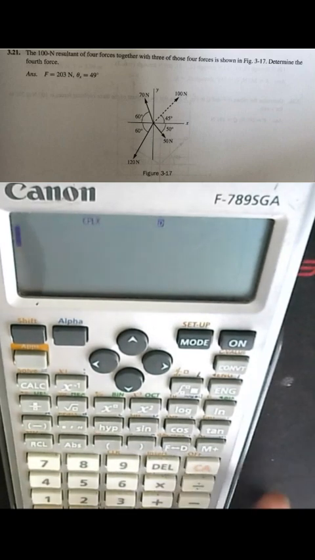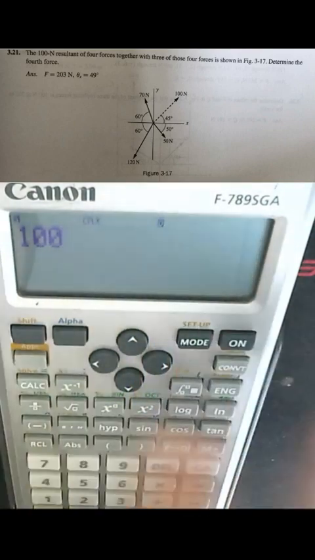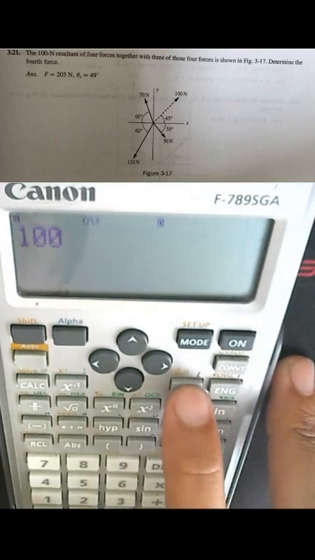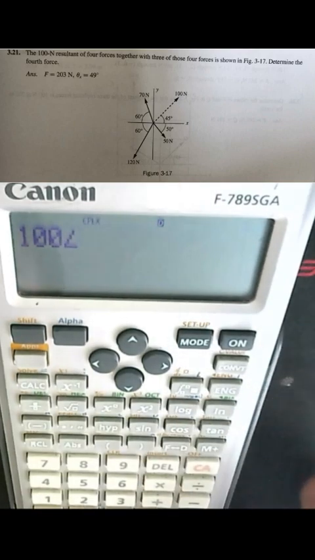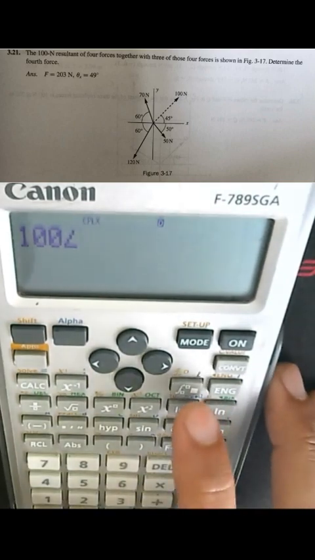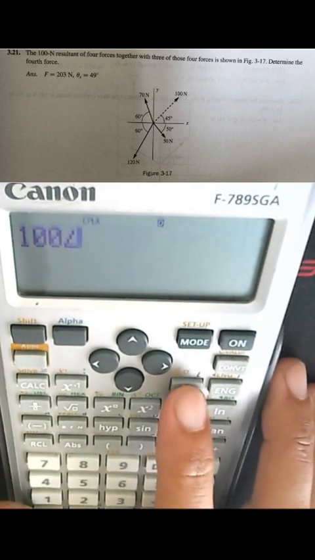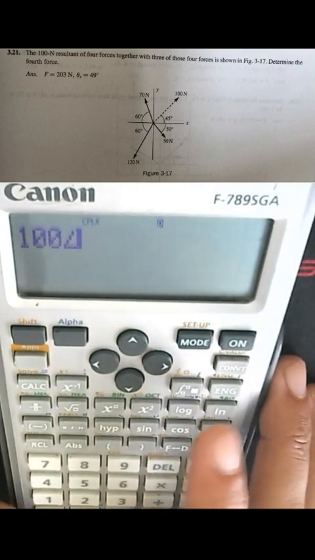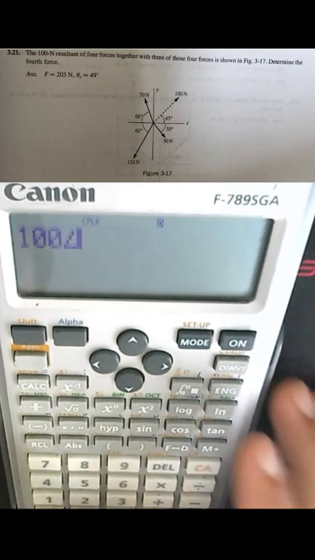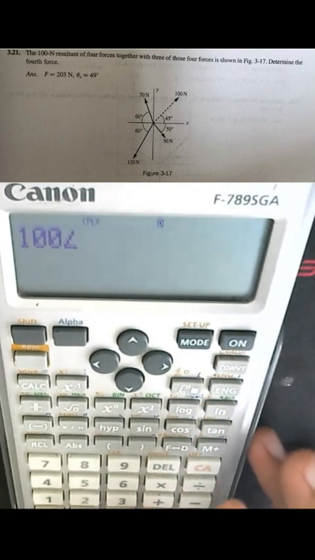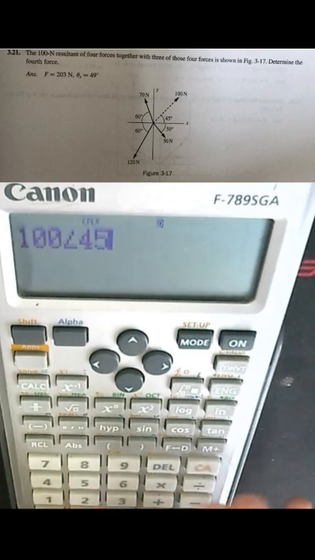Okay, so our resultant is 100 Newton. Shift, then the integration sign, which becomes our angle. So in complex mode, when you press shift and then this button, it will produce the angle symbol. Okay, and then the included angle, so that's 45 degrees.